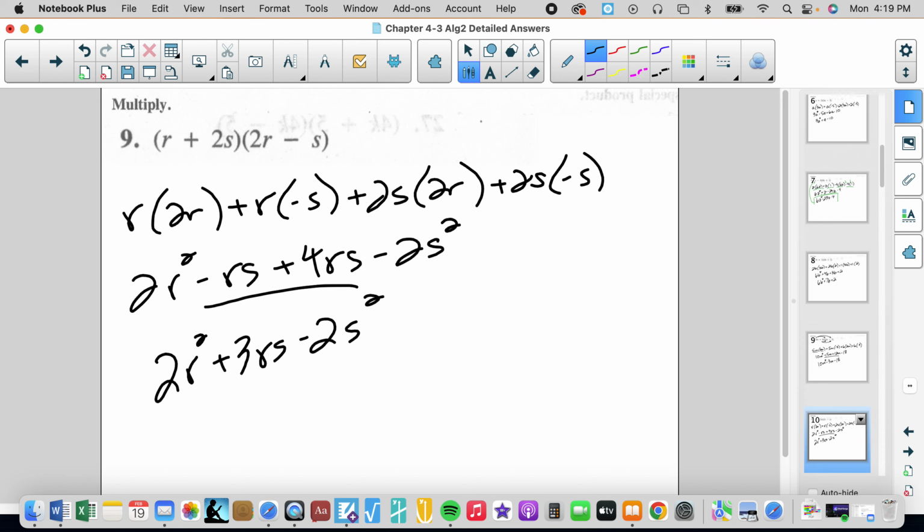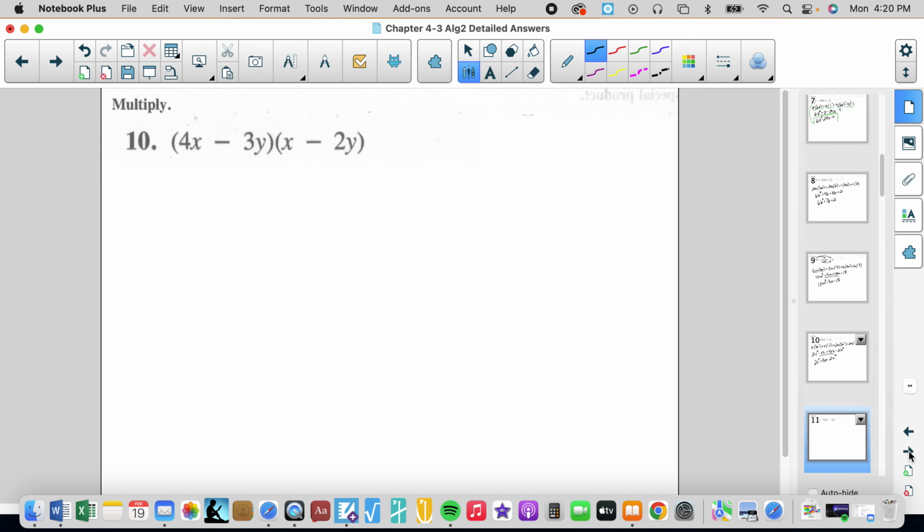And that is standard form. We go by the first variable of each term: r to the second, r to the first, and s. So r always comes before s, and r to the second comes before r to the first. This s squared is not going to come before any r's, because s is not before r in the alphabet. A lot of students mess that up.